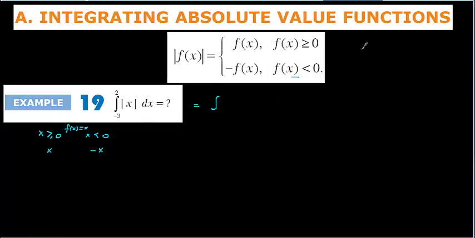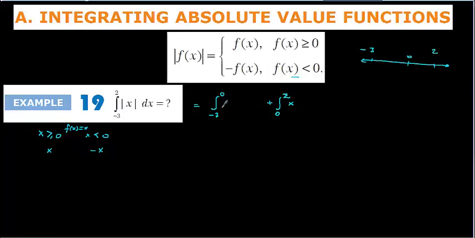So from minus 3 to 2, if you draw it on the real number line, the 0 is between minus 3 and 2, and that's why we are going to separate the integral into two parts: minus 3 to 0 and 0 to 2. Between 0 and 2, the function is positive, so it's equal to x.